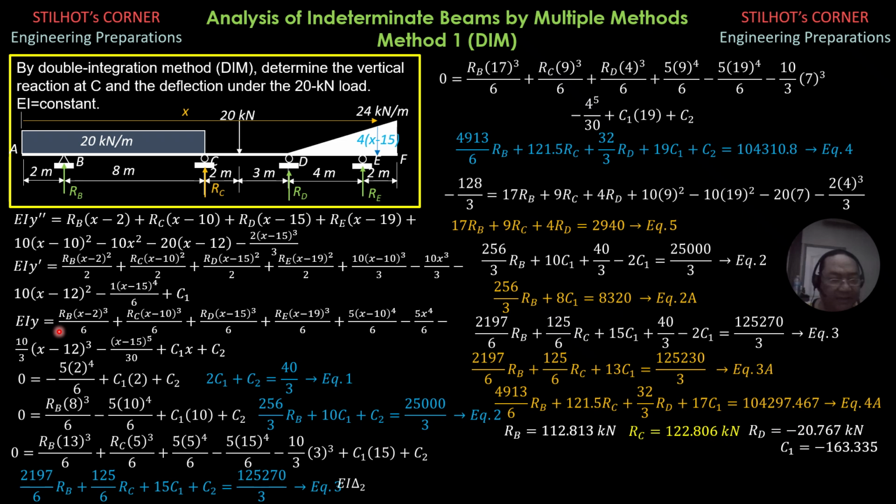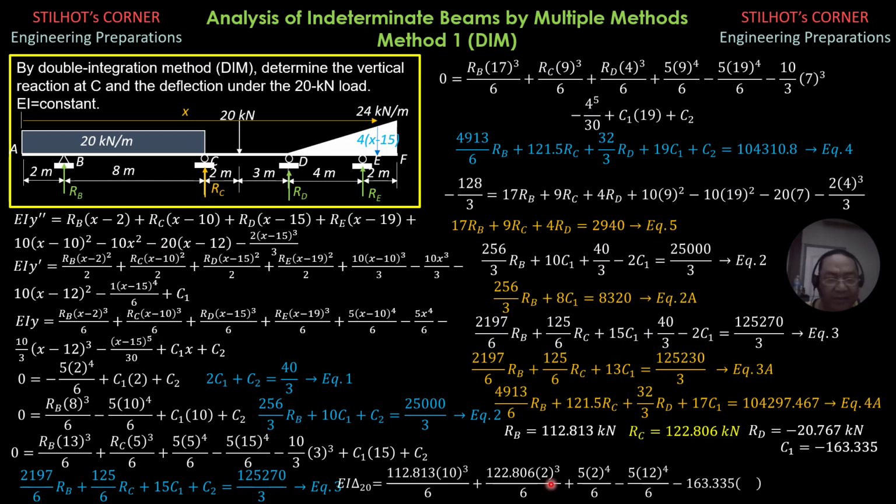For the deflection under the 20 kilonewton load, we simply substitute x is 12 into this equation here. So EI delta 20 equals RB 112.813 times 10 cube over 6 plus, so this is now 0, this is RC 2 cube.